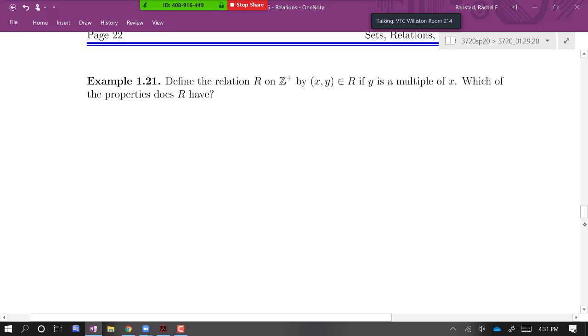Here we're defining a relation on the positive integers by saying x is related to y if y is a multiple of x. If y is a multiple of x, that means y is equal to k times x for some integer k.